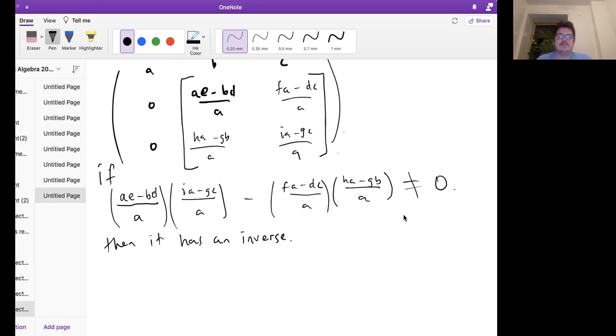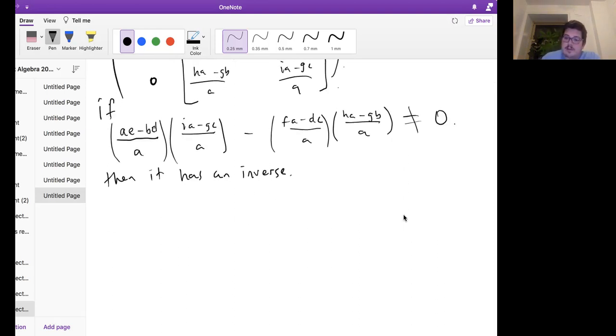Okay, cool. Let's do that. First of all, we can take out these A's, right? So they go 1 over A squared. I'm just taking out the denominators, and now we're going to FOIL out the numerator. So I have A squared EI minus AEGC minus BDIA plus BDGC.